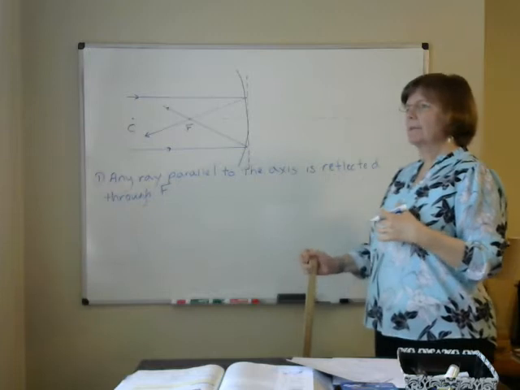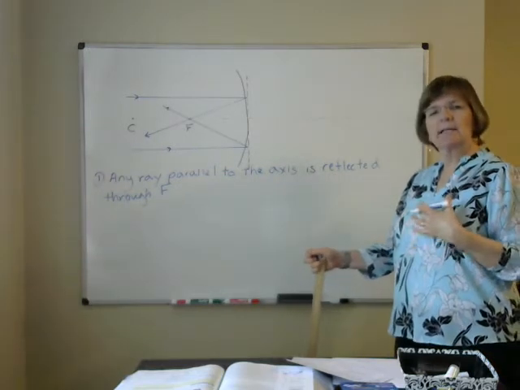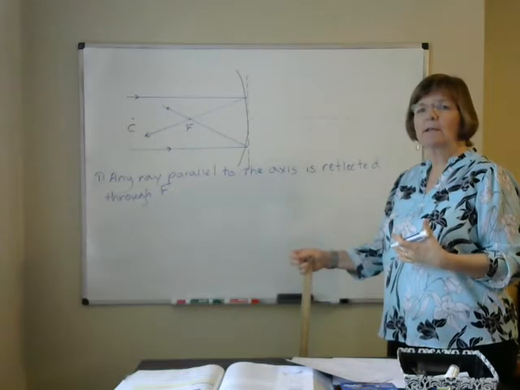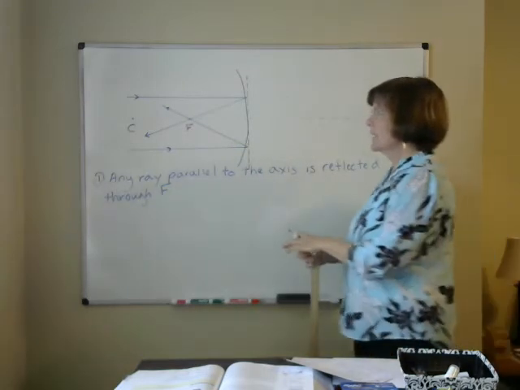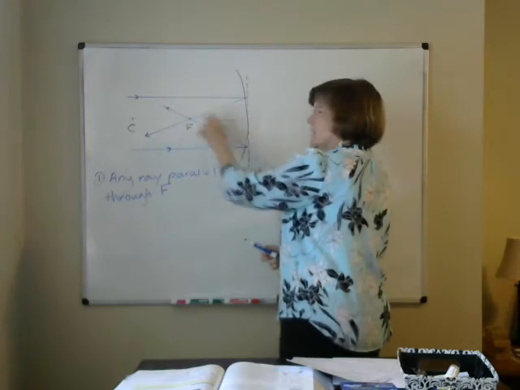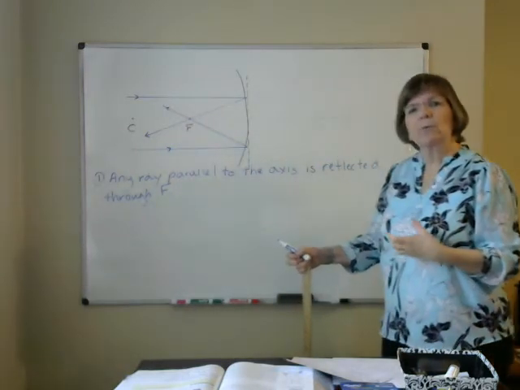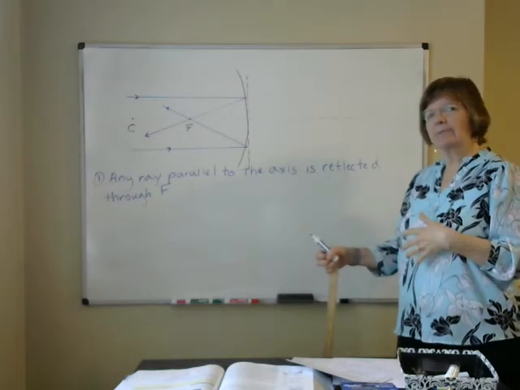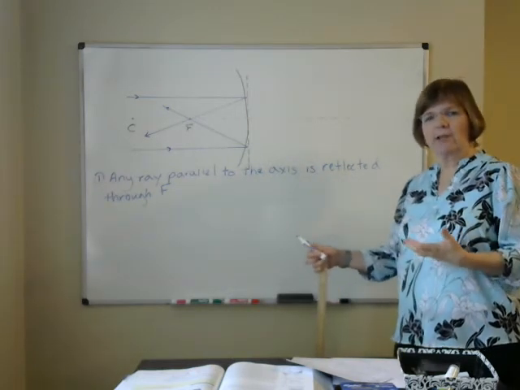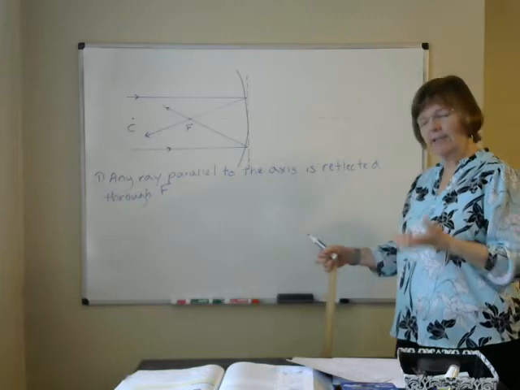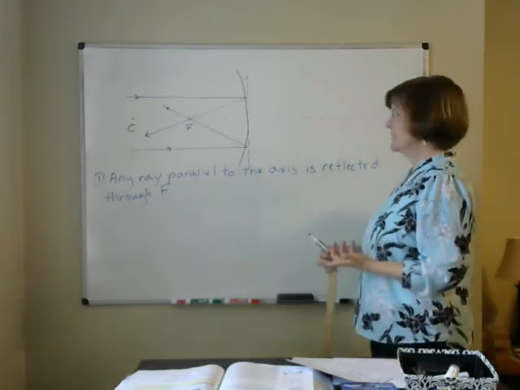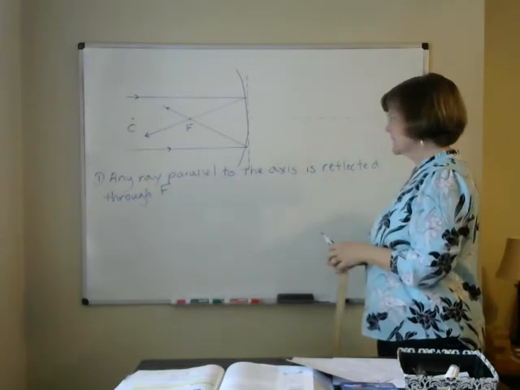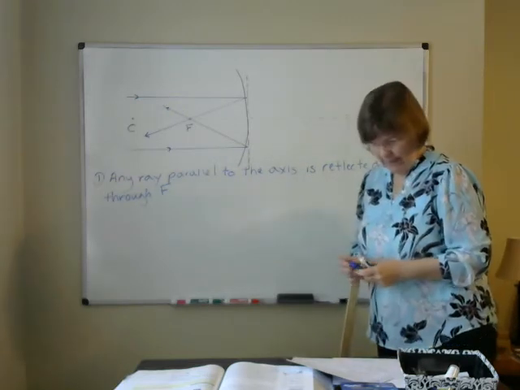If we have a spherical mirror and we took it outside, the rays from the sun are all virtually parallel. So if we held it up, it would form an image of the sun at the focal point. You get a really, really hot spot right there. In fact, lenses like this can actually start fires and things by concentrating the rays of the sun. I've seen that done for lab demonstrations. Okay. So any ray that is initially parallel to the axis is reflected through F.